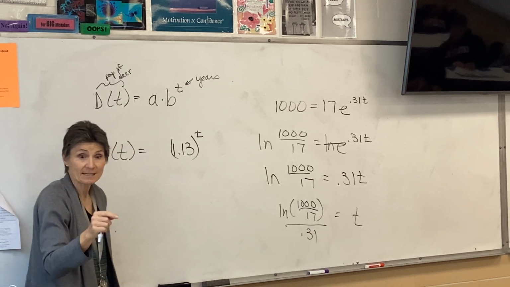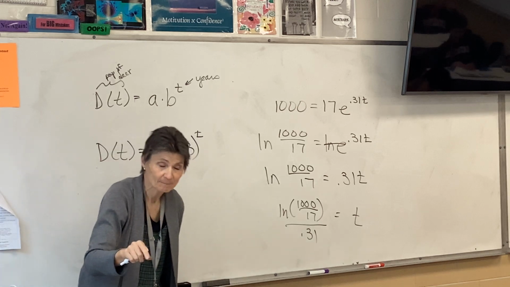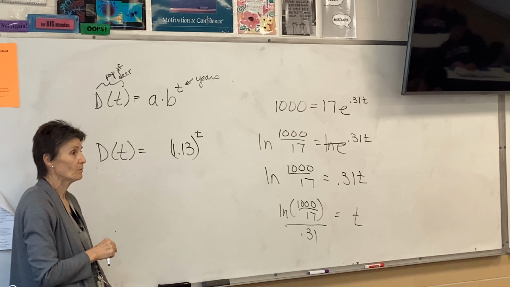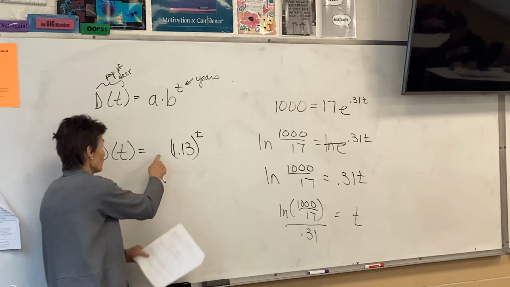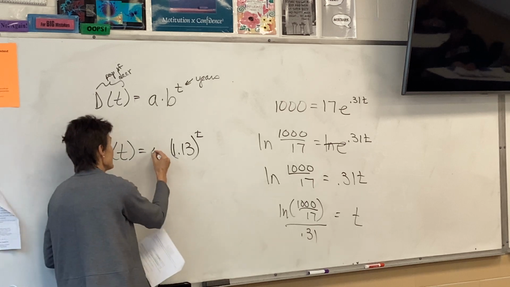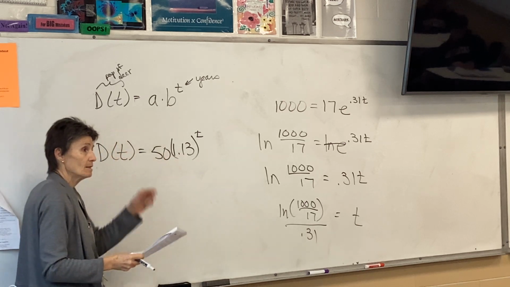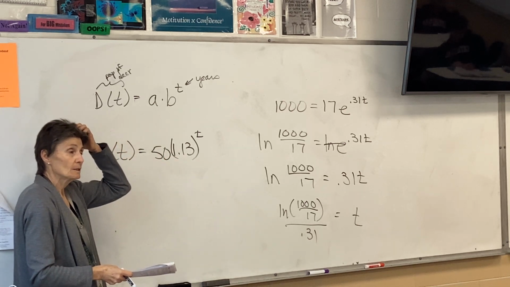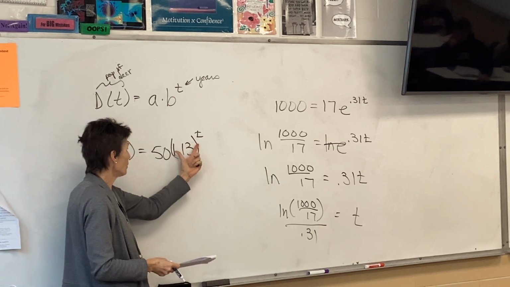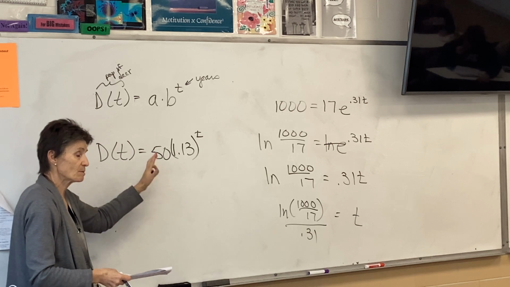It'll be decreasing by 87%. So we don't want to do that. We're going to multiply by 1.13, perfect. And what goes out here in front? 50. Isn't that the initial value? That's the y-intercept. If t is 0, you have 50. That's the beginning value.